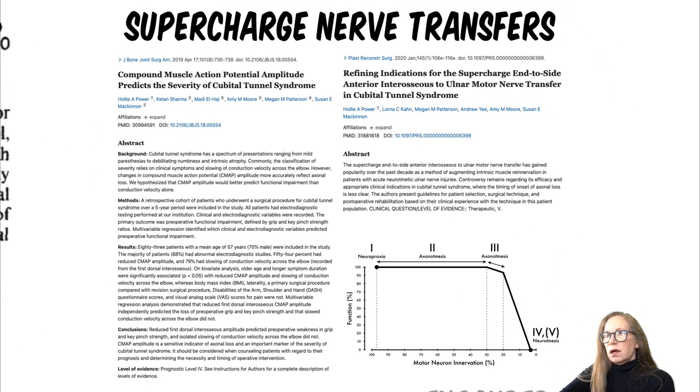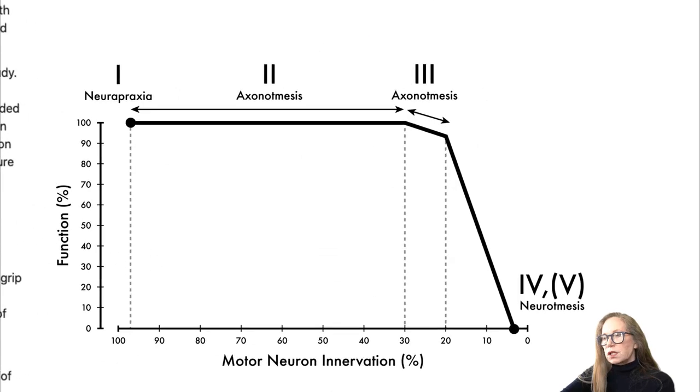The work we've done on supercharge transfers really allows us to address the axonotmetic 3, the partial recovery, the variable recovery. We have nerve graft, we have nerve transfers, we have end-to-end nerve transfers and tendon transfers to look after neurotmetic injuries.